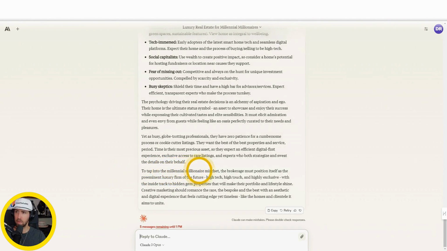So to tap into the millennial millionaire mindset, the brokerage must position itself as the preeminent luxury firm of the future, high tech, high touch, high exclusivity. The insiders track the gem properties and make the portfolio and lifestyle shine. All right, so we see that here.